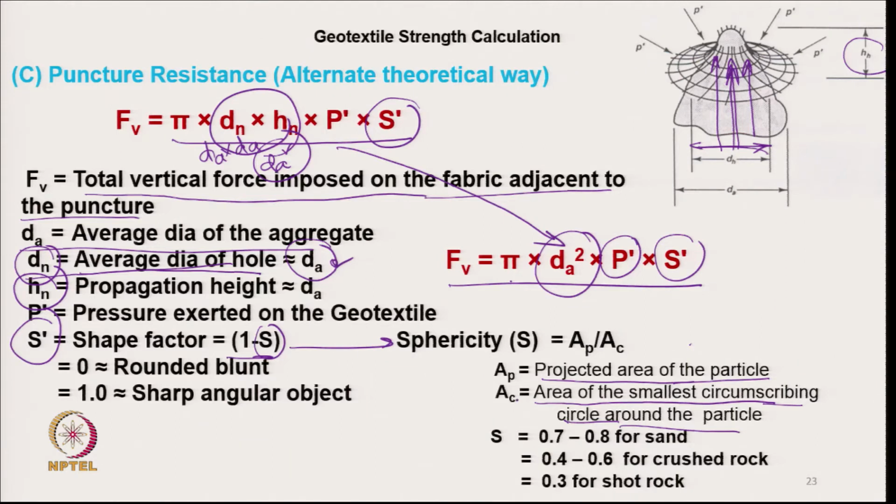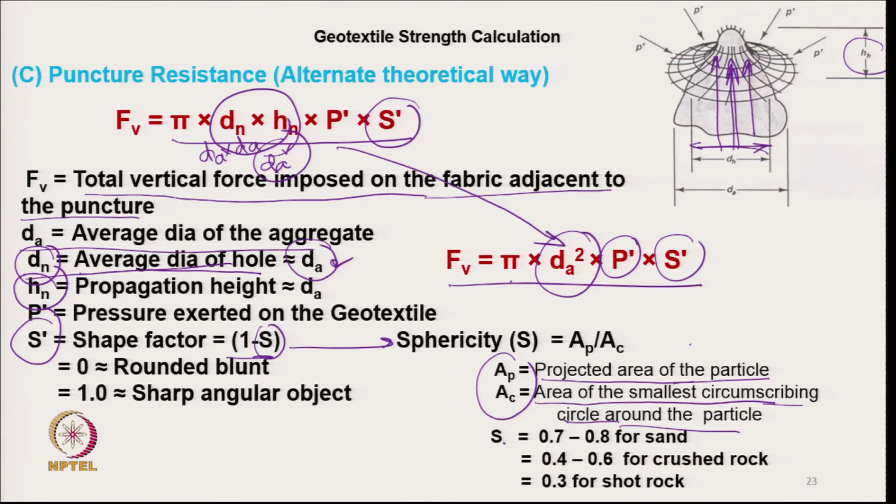So, Ap by Ac is the sphericity, and the S value is given as 0.7 to 0.8 for sand, that is the standard value given, 0.4 to 0.6 for crushed rock, and 0.3 for shot rock.